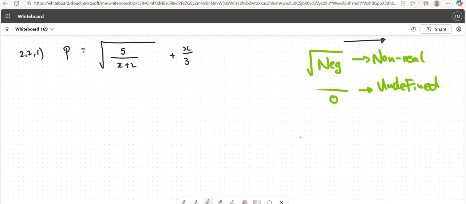So I need to use the knowledge of this to say, okay, cool. I need to make sure that this has to be positive, because if it is negative, then it's going to be non-real.